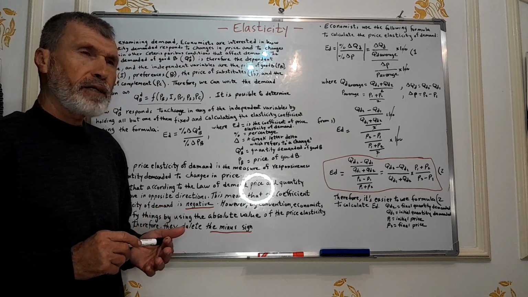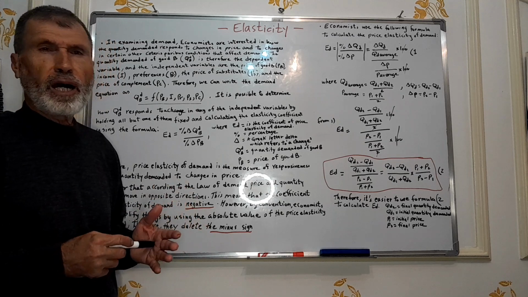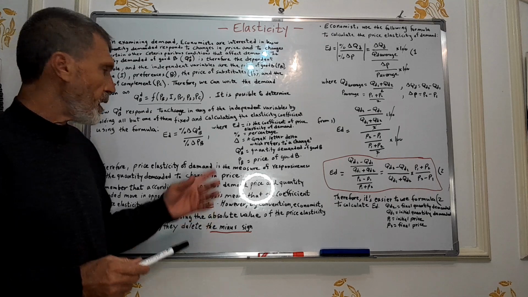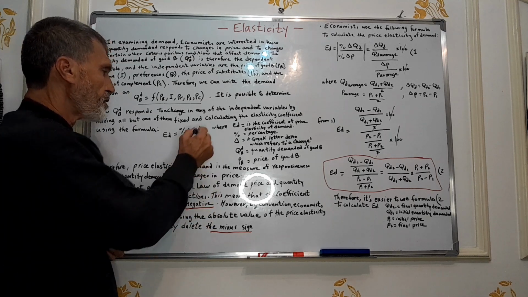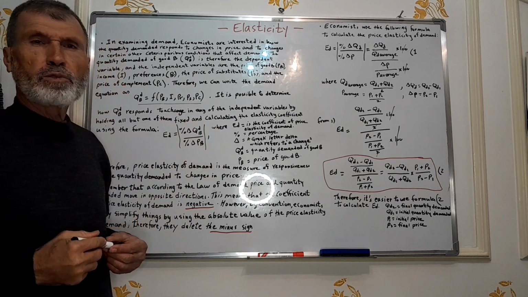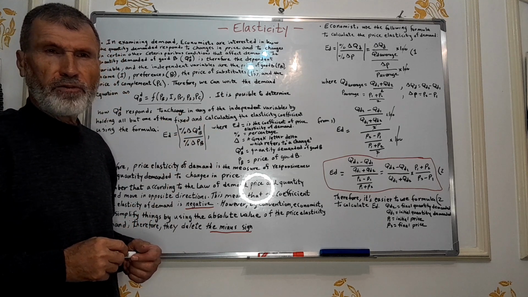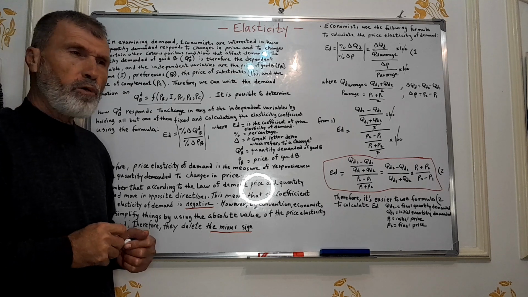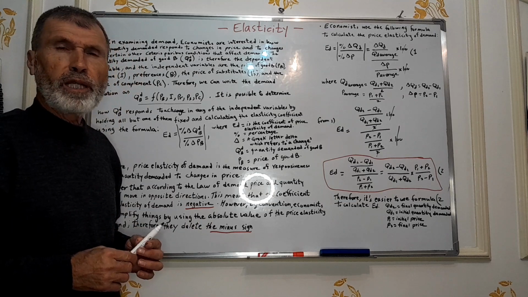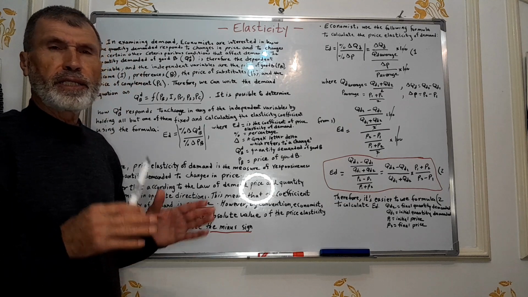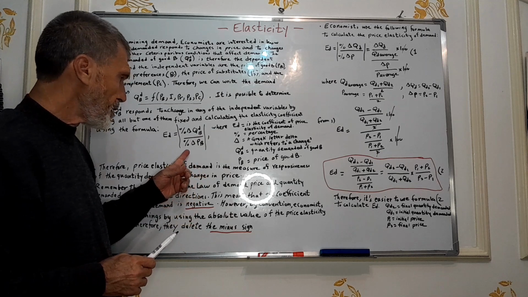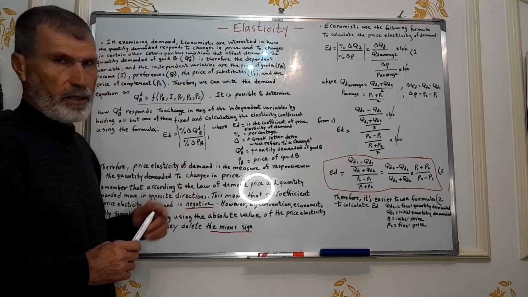So economists simplify this by having the absolute value of the formula. Here we get the absolute value of this, so that we always get a positive value of the price elasticity of demand. So always, when calculating the price elasticity of demand, we take the absolute value of the formula to get a positive value.